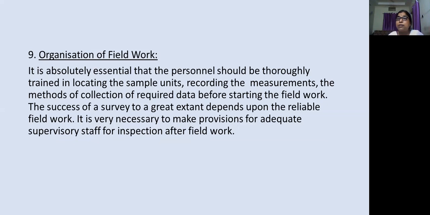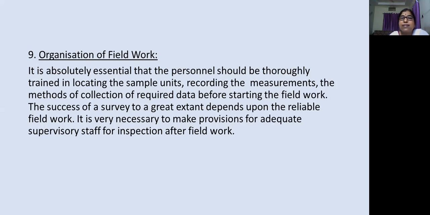And after preparing the questionnaire, I have to do the field work. That means it is absolutely essential that the person should be thoroughly trained in locating the sample units, recording the measurements, and the method of collection of data required before starting the fieldwork. The success of the survey to a great extent depends upon the reliability of the fieldwork.